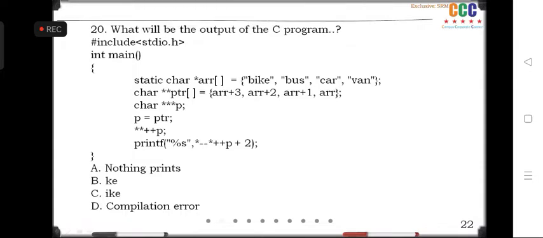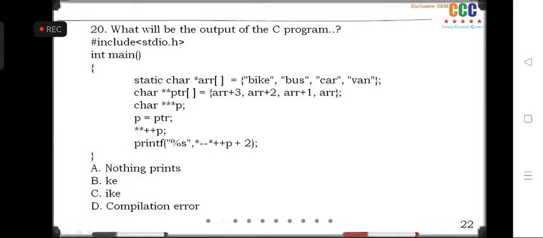Come on, no one returning? What happened? Okay, let me check.